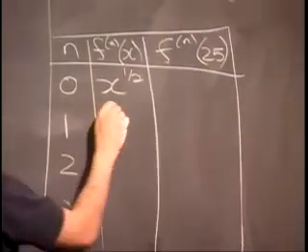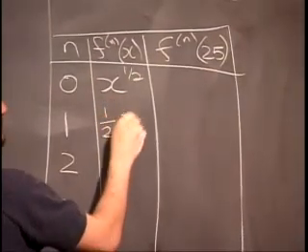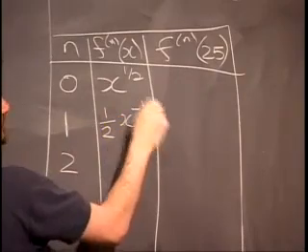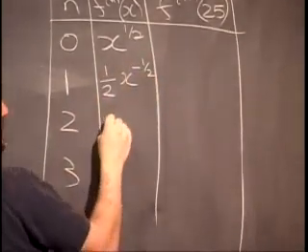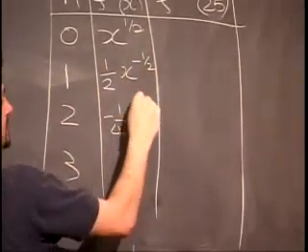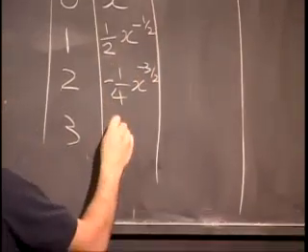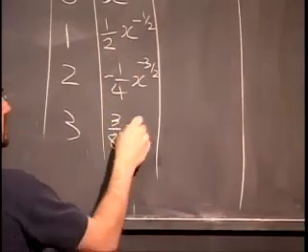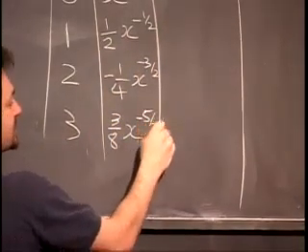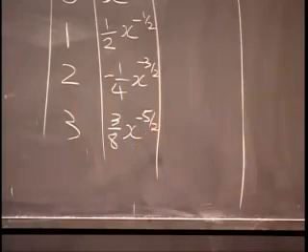The first derivative is 1/2 x to the minus 1/2. The next derivative is minus 1/4 x to the minus 3/2. And finally, 3/8 x to the minus 5/2. I say finally, I'm just being optimistic here. I might need to keep on going.